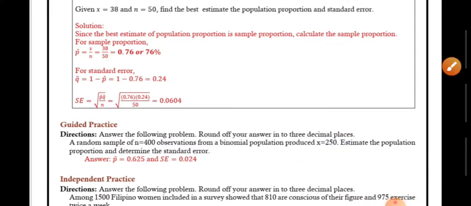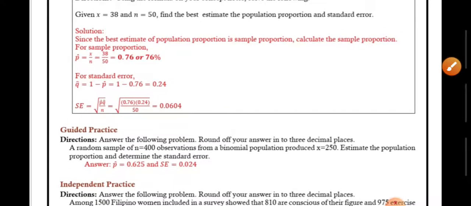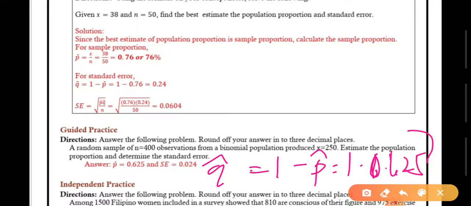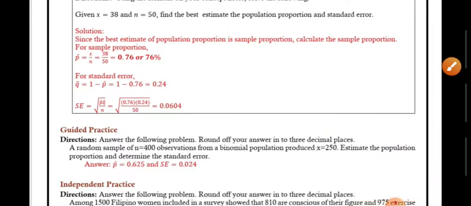And to get your standard error, q hat is just simply 1 minus p hat, or 1 minus 0.625. Your answer is 0.375. So you'll have 0.625 and 0.375 to get your standard error.